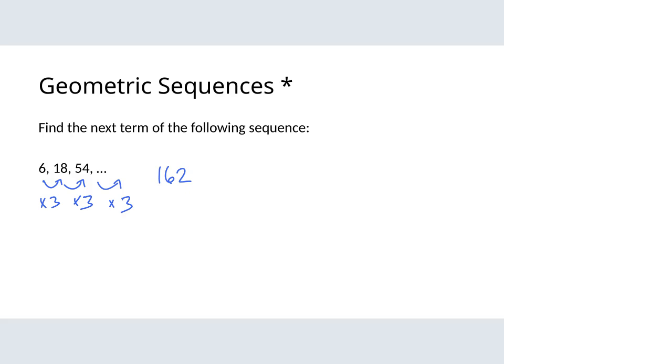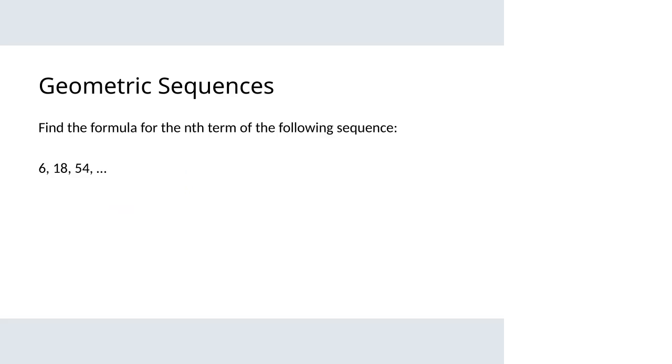Just like we did with arithmetic, now I'm going to give you a chance to write the formula for this sequence. Find the formula for the nth term of that sequence, and just as a reminder, the nth term is found that way. I'm pretty sure on the quizzes, I ask you to use an asterisk for multiplication, so I'll do that here. That's shift 8.